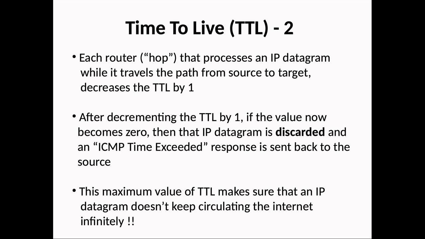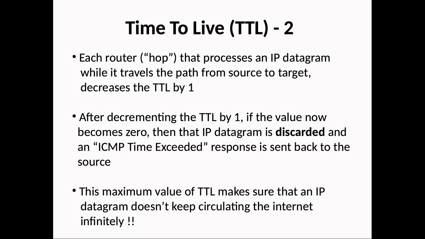This first router is now going to examine the TTL value, see that it is 64, decrement it by 1, so it becomes 63, and write the 63 back into the TTL field of the IP datagram itself, thereby modifying this IP datagram. Then this modified IP datagram gets forwarded to the next router down the line, which repeats the same process. So the 63 becomes 62, and the modified IP datagram keeps getting forwarded towards the target.